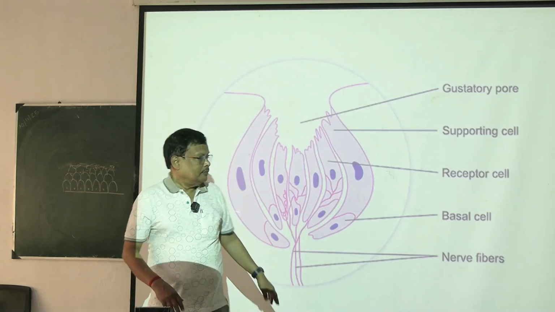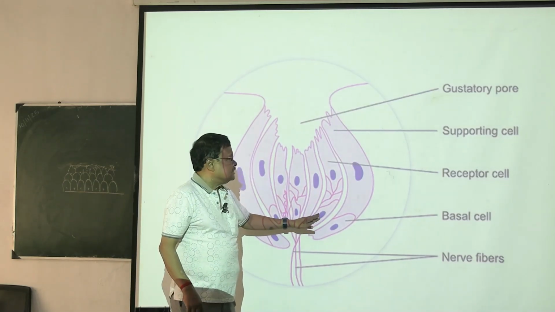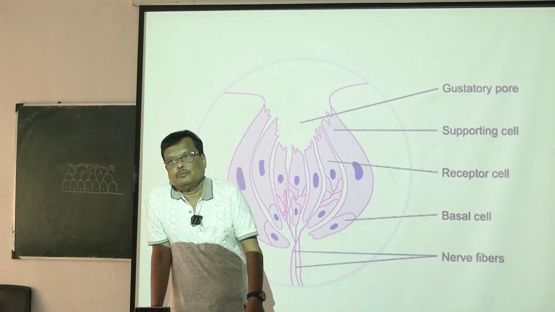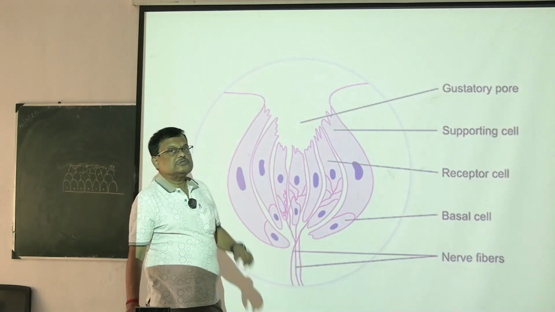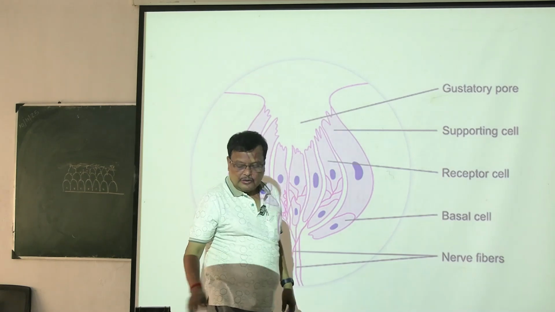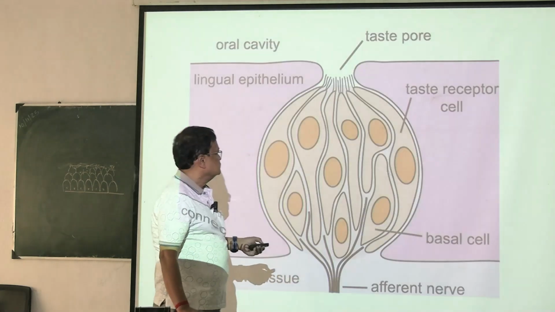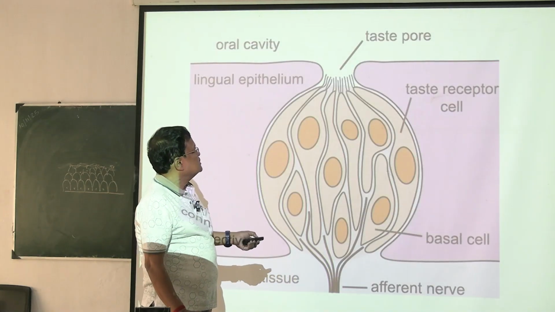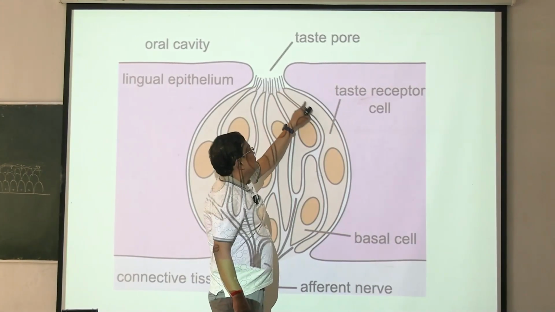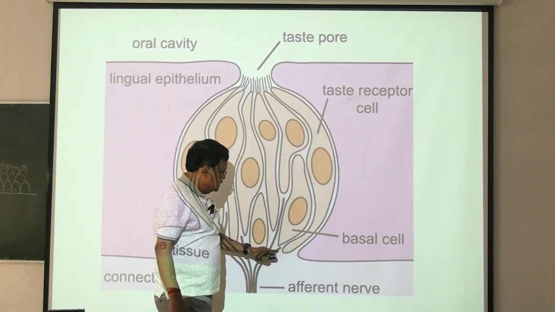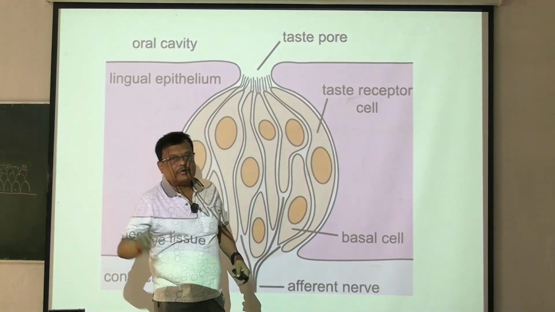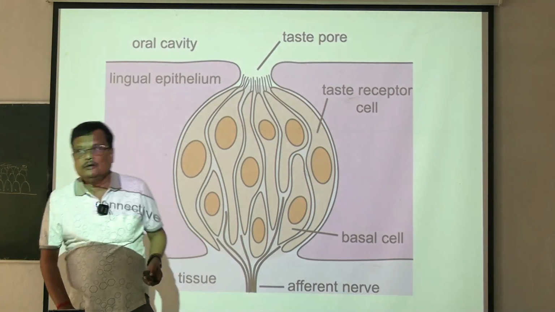So from the stem cells or basal cells, new taste cells are produced. These receptor cells are produced. So now all the cells are very important. These are the taste receptor cells. They have microvilli, and from their process, they synapse with the nerves. And the nerve carries this sensation to the brain, the taste center.